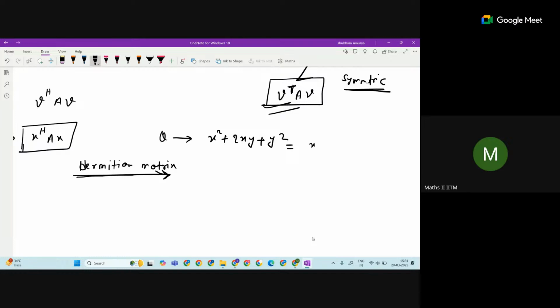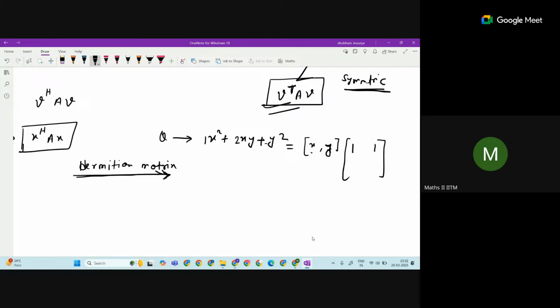So this is going to be x and y, and what is going to be the matrix? So you can think of the matrix entries here: here is 1, here is 2, and here is 1. Sorry, this is 1. So this is 2 times 1. We can think of 2 as 2 times 1.